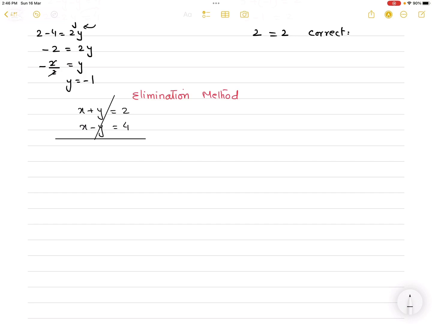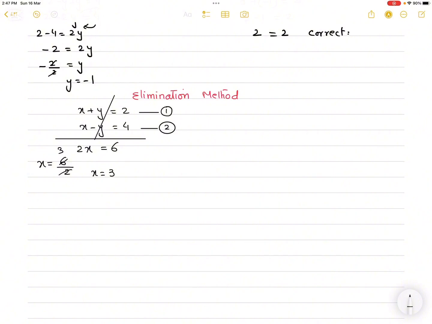x plus x is 2x equals 2 plus 4 is 6, and x equals 6 divided by 2, so x is equal to 3. Mark 1 and 2 with the equations so that you can recognize. So now pick any of these two equations.